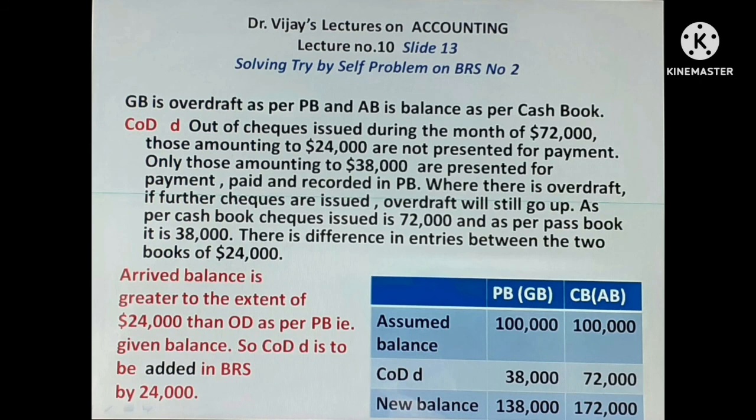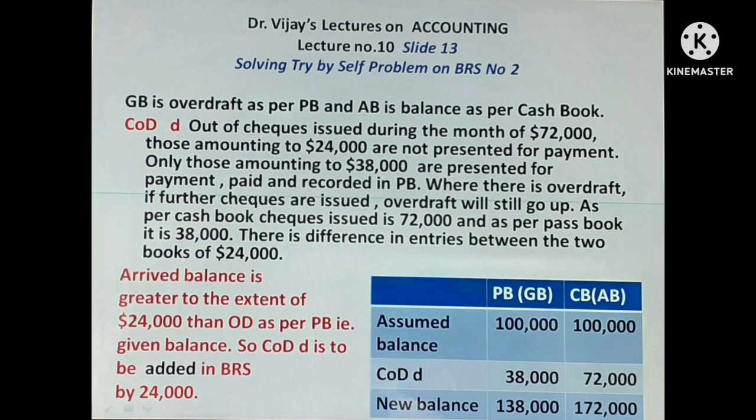Slide 13 explains COD-D. Given is overdraft as per passbook and balance to be arrived at is overdraft as per cash book. The COD-D is: out of checks issued during the month of $72,000, those amounting to $24,000 are not yet presented for payment.